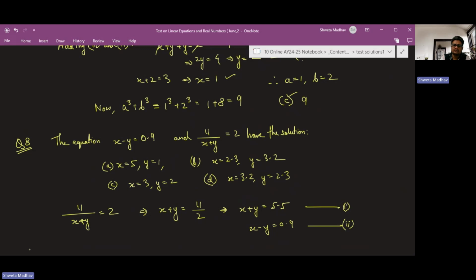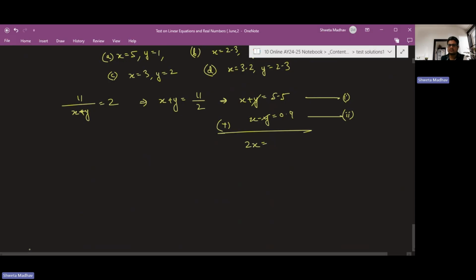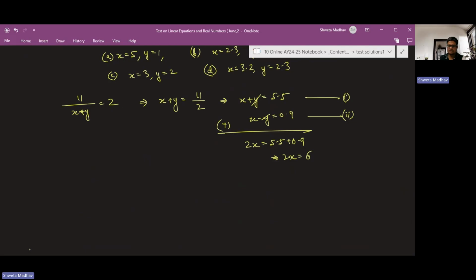Now if we add them, y will get cancelled, and we'll get 2x equals 5.5 plus 0.9, which is 6.4. So 2x is 6.4, so x will be equal to 6.4 by 2.